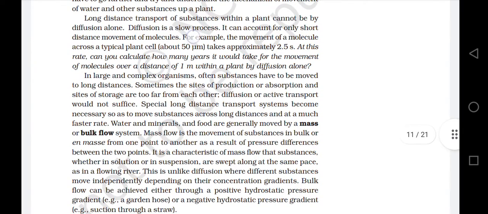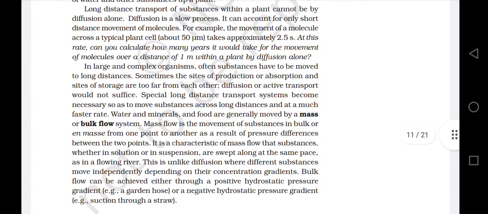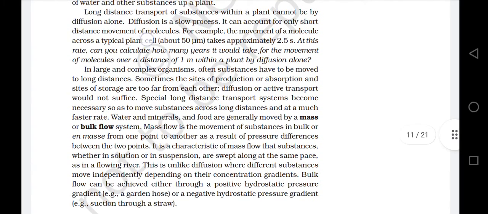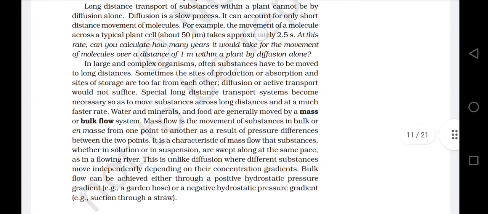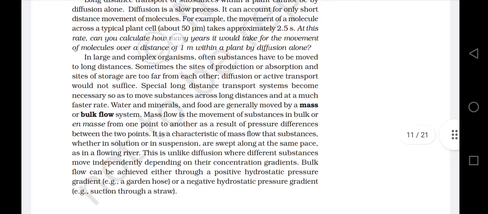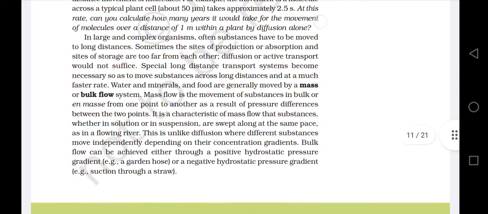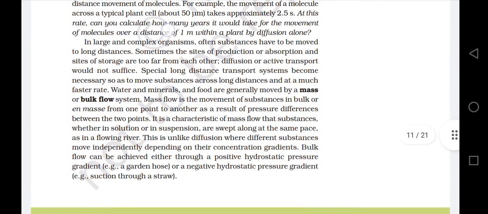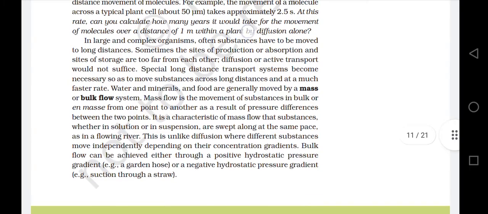For example, the movement of a molecule across a typical plant cell, about 50 micrometers, takes approximately 2.5 seconds. At this rate, can you calculate how many years it would take for the movement of molecules over a distance of 1 meter within a plant by diffusion alone?